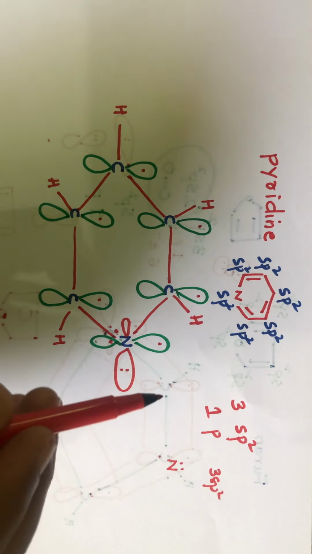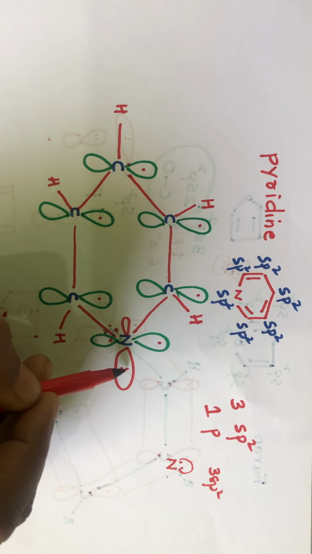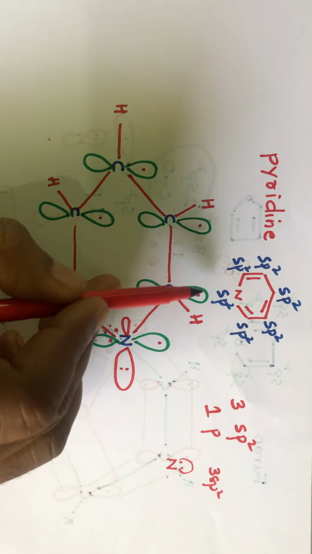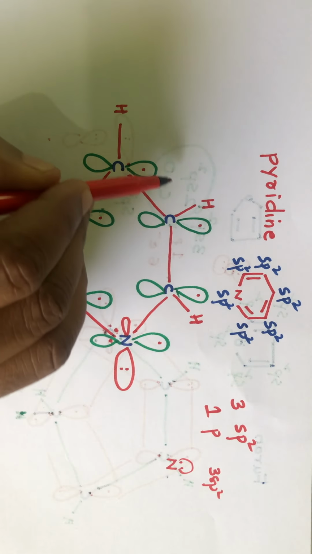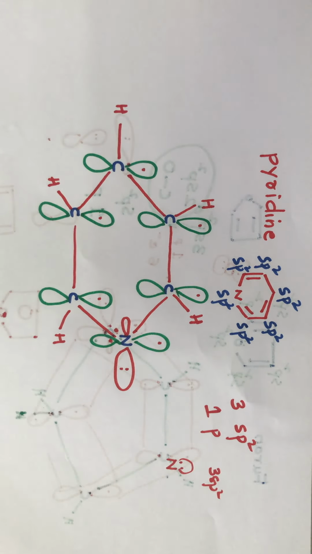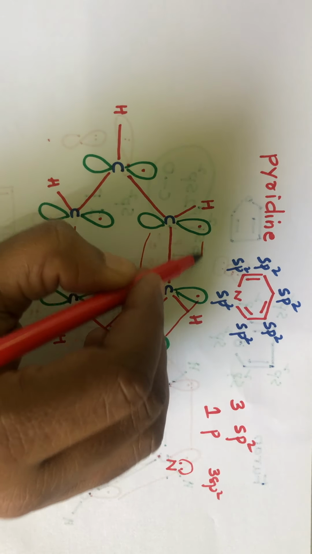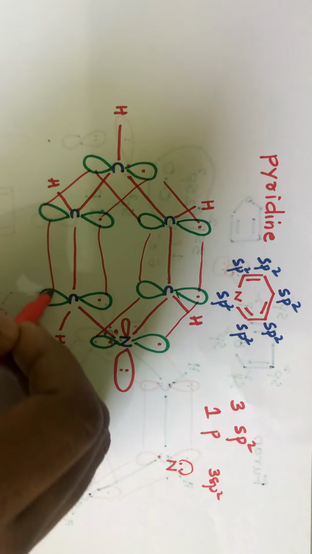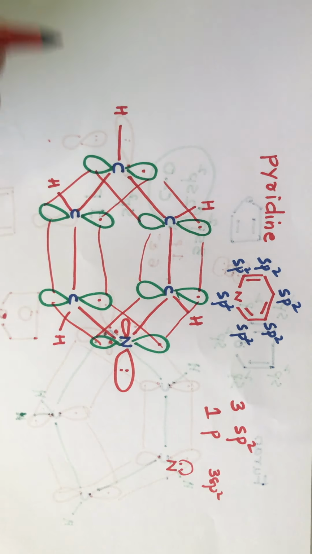Total how many electrons are there? Nitrogen contains one lone pair, but that lone pair is present in an sp2 hybrid orbital. It will not be involved in delocalization. So there are a total of 6 electrons and 6 p orbitals. These 6 electrons get delocalized into these orbitals. So this imparts aromatic character to pyridine.